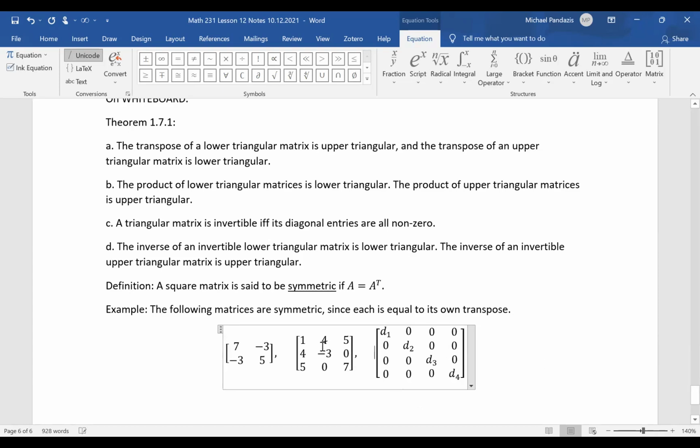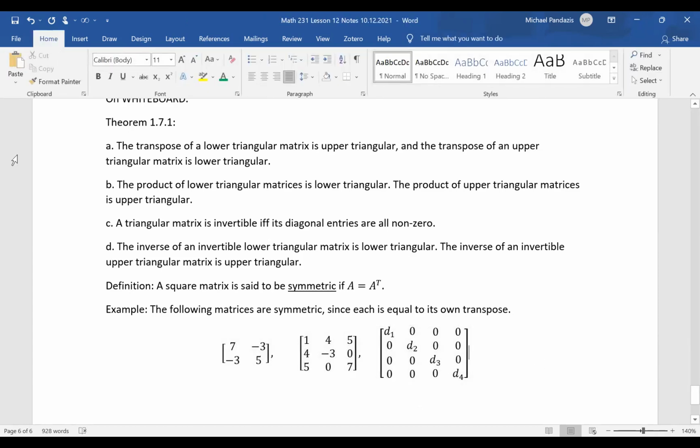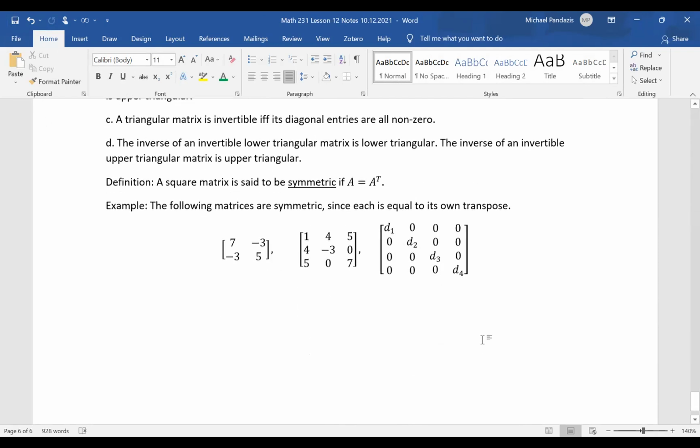So those are 3 examples of symmetric matrices. Those 3 matrices are symmetric since each is equal to its own transpose. Okay, and a remark.